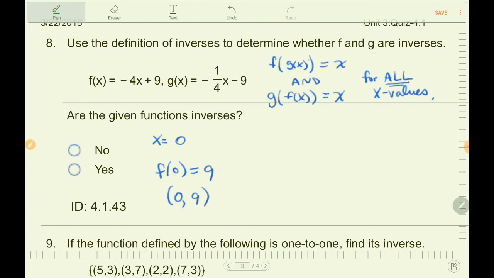And then if g is the inverse of f, then g of 9 should give me 0 back, right? And let's see what happens here. If I plug in 9 to here, right, it's not going to 0 out. So that's not true.